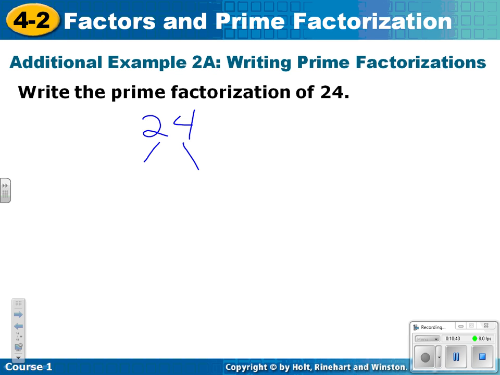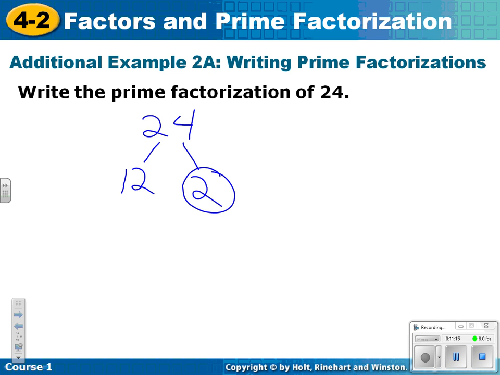24. Give me two numbers, any two numbers besides 1 and 24. Any two numbers that you can multiply together to get 24. 12 and 2. Are either one of those numbers prime? The 2 is prime. So what I do is I circle it. I want you to get in the habit of when you're making these factor trees, when you get to a prime number, I want you to circle it.